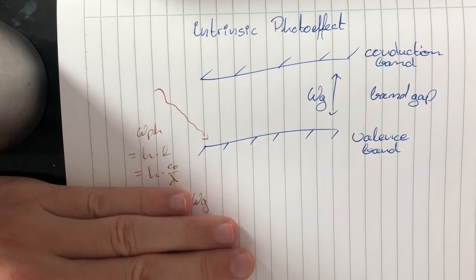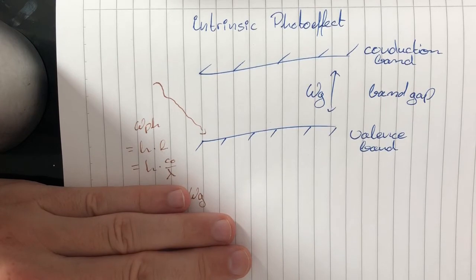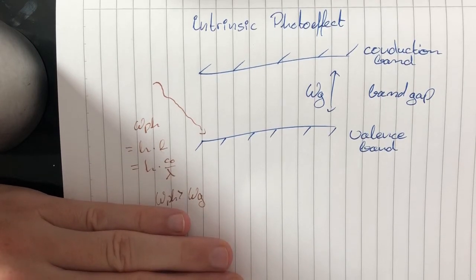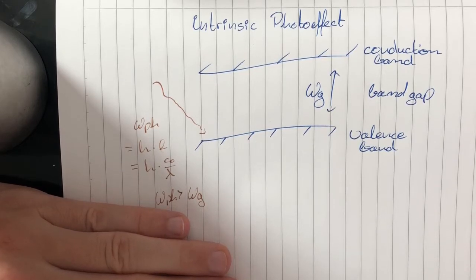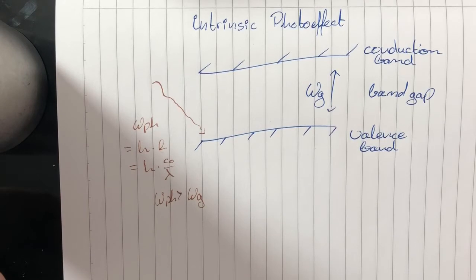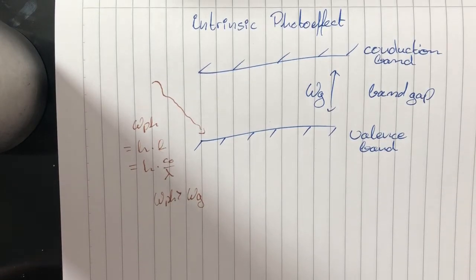Or, where the frequency of the light is the speed of light, another natural constant, divided by the wavelength of the light. If the energy of the photons is higher than the energy of the band gap, the light can free electrons from the valence band to the conduction band.